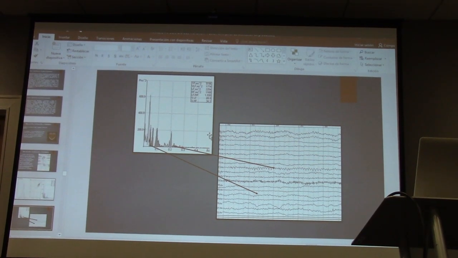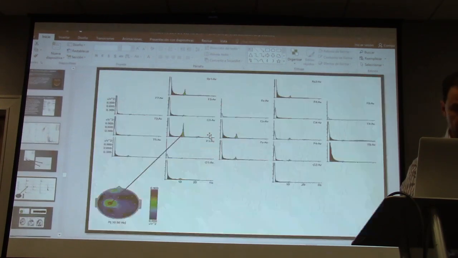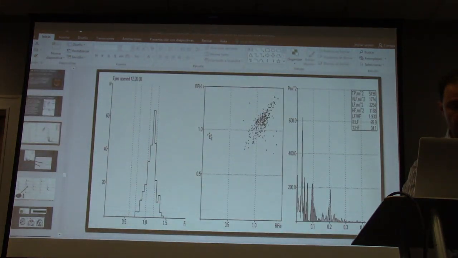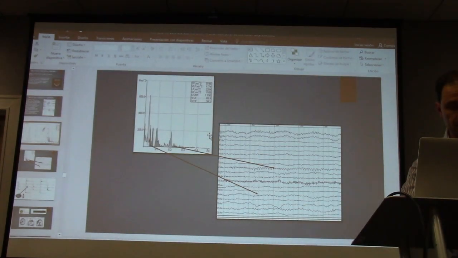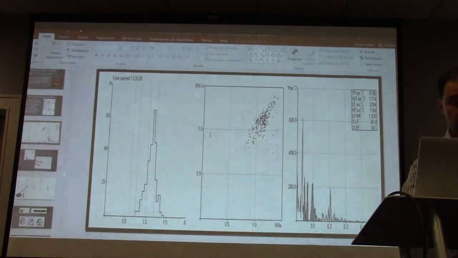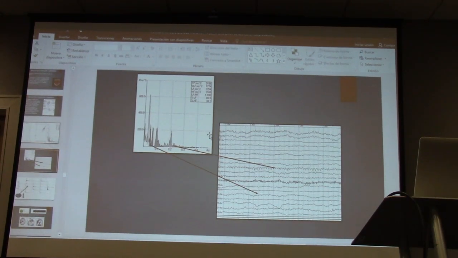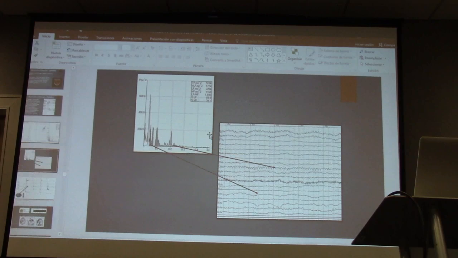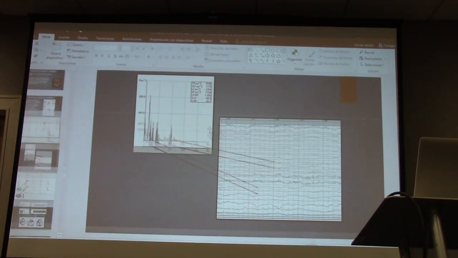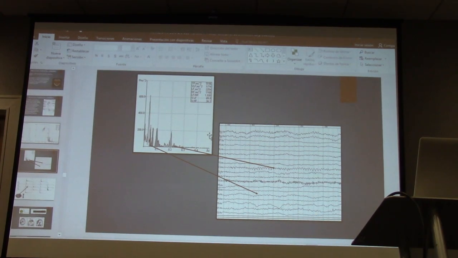Okay? And this is an image from WinEEG. WinEEG is a very useful software that will also allow you to use WinHRV. So what you can do is you can measure the EEG and the HRV profile at the same time. And that's something that I do. So when I do the QEEG, I'm also measuring heart rate variability. And I look at the interbeat intervals as to how they relate to brainwave activity.